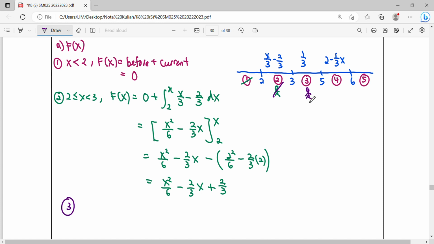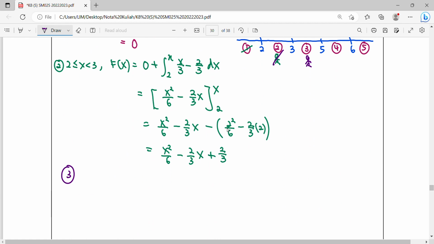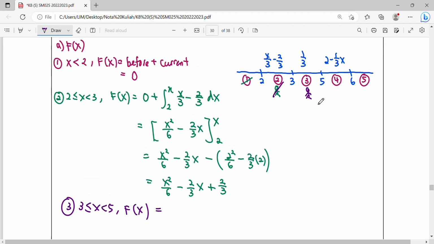When you're at here, what's your interval? So this is the question given. We can follow the question: in between 3 and 5. So for F besar, before that you look back for your previous interval. Maximum you already accumulate up to 3.